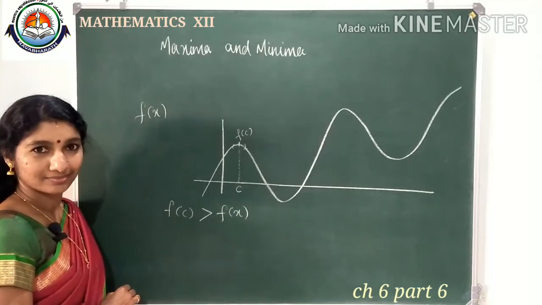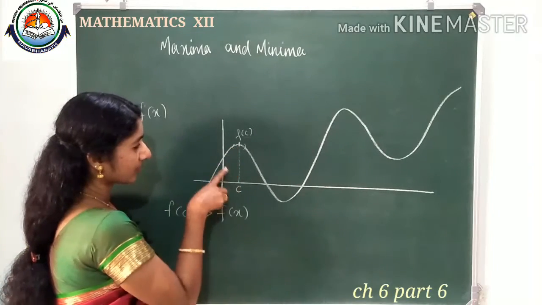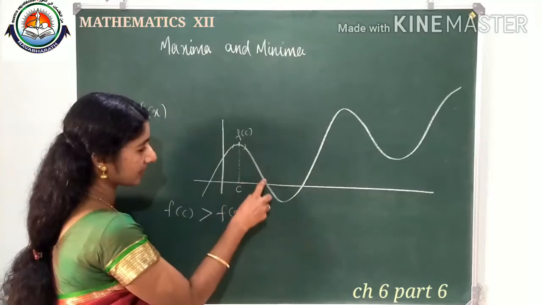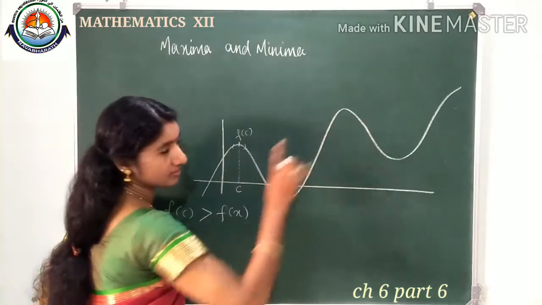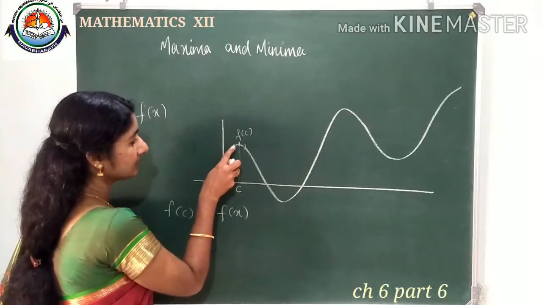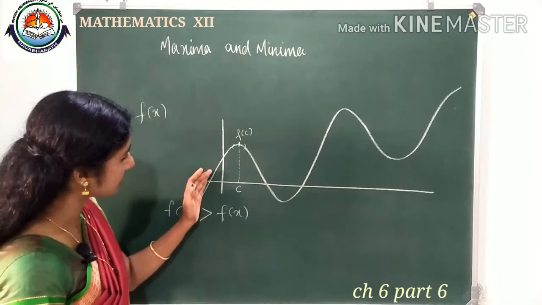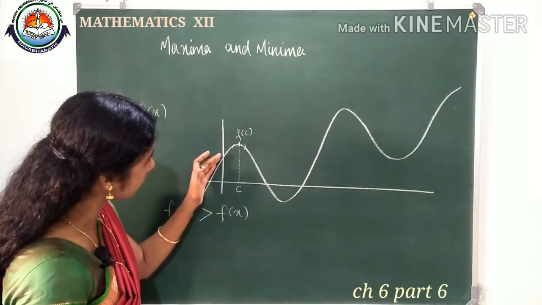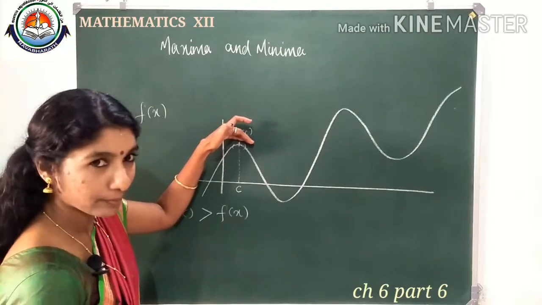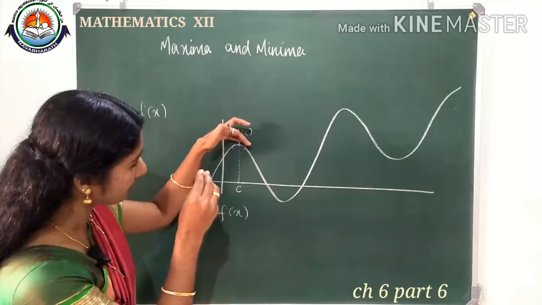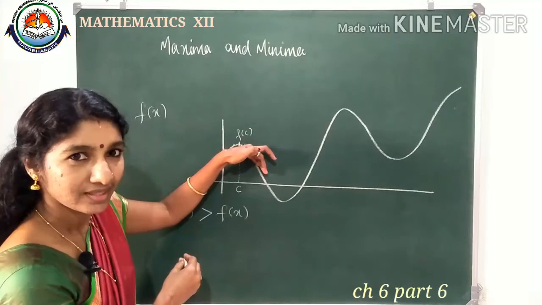neighborhood values. Isn't it? Once more, here one curve is coming like this, means the f of x graph is given like this. And this function is an increasing function, it is increasing at all these points, and after reaching a particular point, from the next point onwards it started decreasing, isn't it?